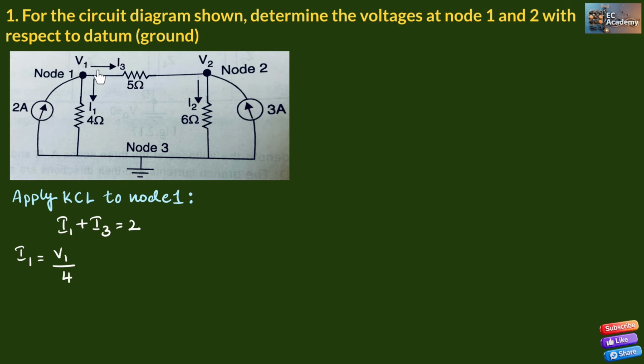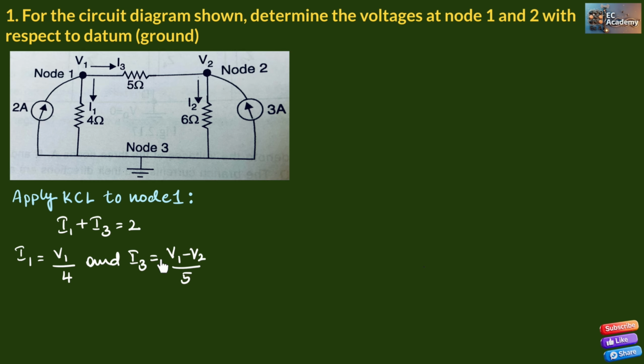And I3 can be written as (V1 minus V2) divided by 5.